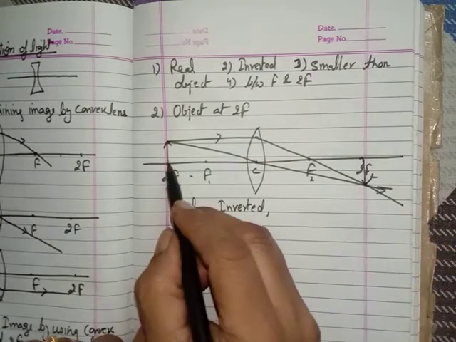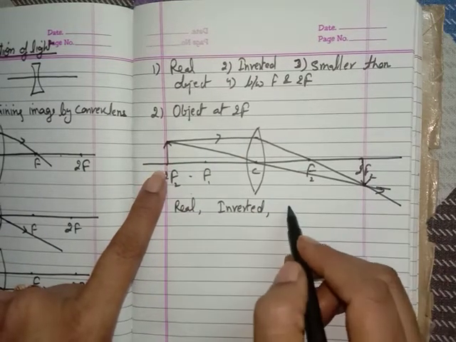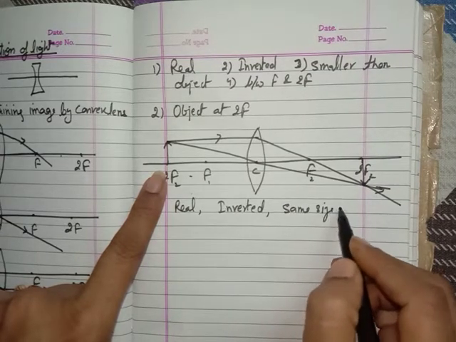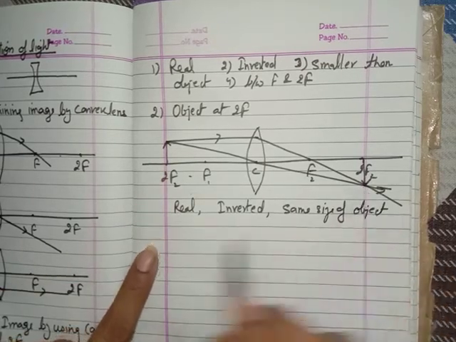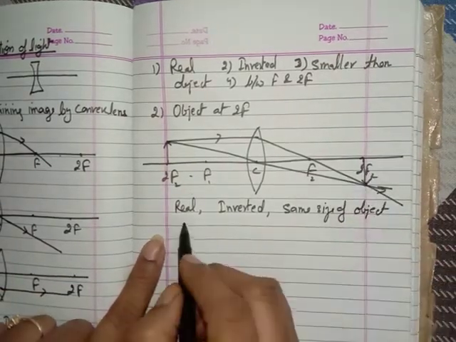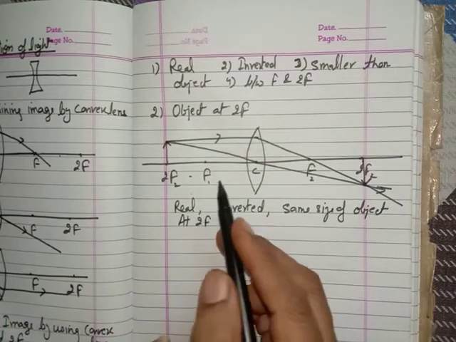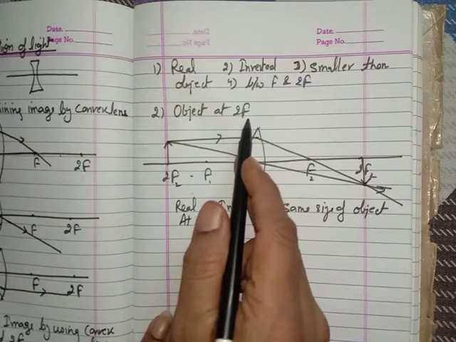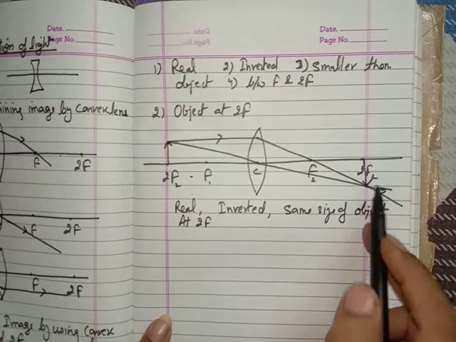And it is of the same size as the object. And the next one is it is formed at 2f. Okay, so this is the second condition when we place the object at 2f. It is always formed at 2f on the other side, real and inverted.